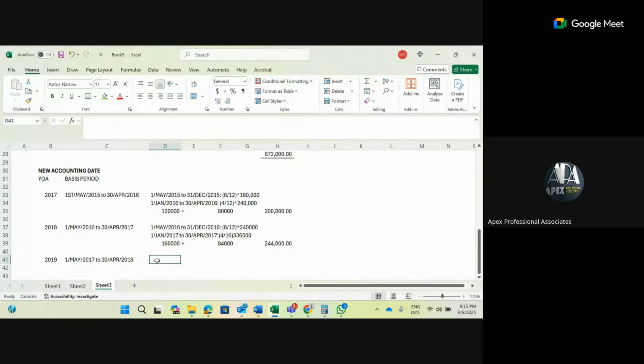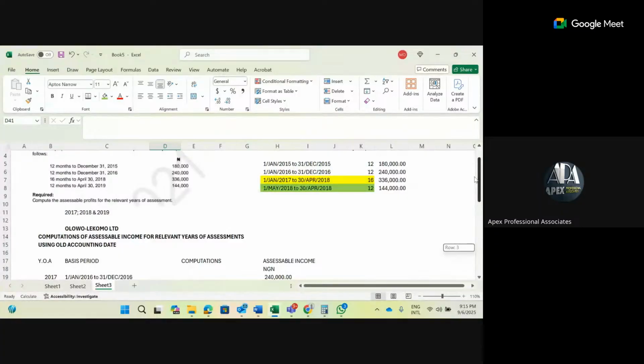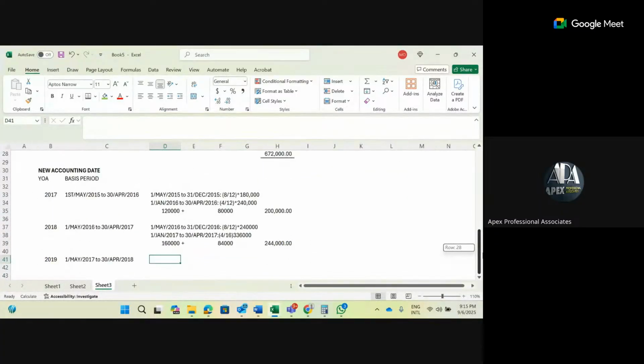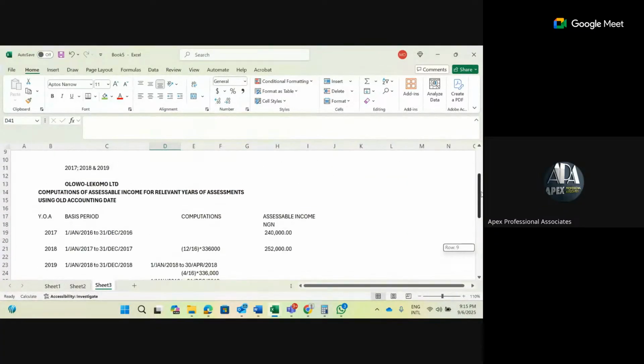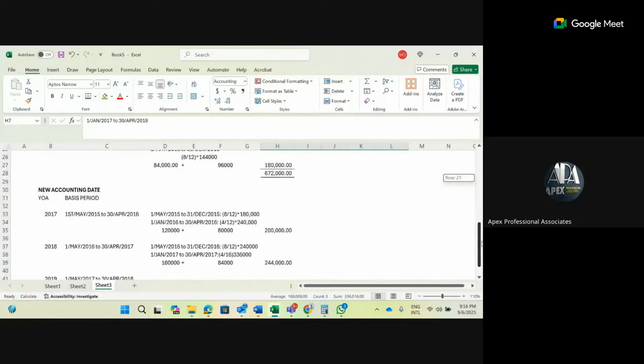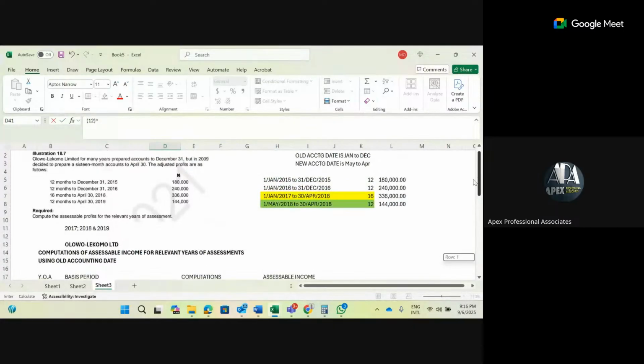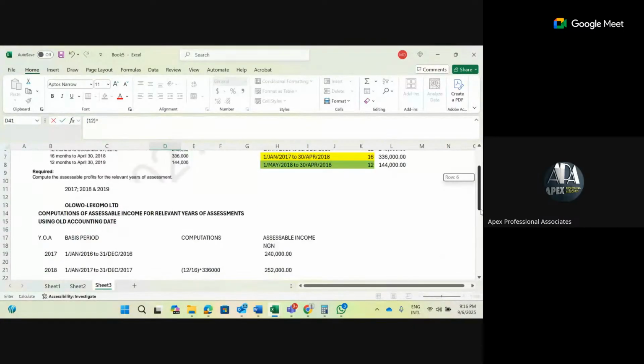The last year, 1st of May 2017 to 30th of April 2018. Where can we get the profit from? Let's come up. 1st of May 2017 to 30th of April 2018. Definitely we are going to get it from this profit of 16 months. So I don't think I need to show any computation for this one. I'm looking for a profit of 12 months, and I'm going to get it from a given profit of 16 months of 336,000 naira.